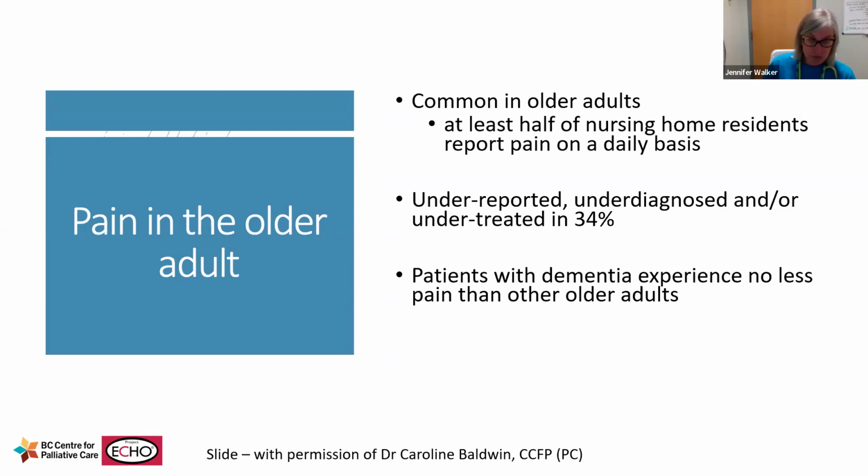To contrast that, we know that there's a study where pain experts assessed residents with dementia in long-term care and came up with a 68% prevalence of moderate to severe chronic pain in those residents with dementia. And we know that residents in long-term care with dementia are less likely to receive opioid medications.